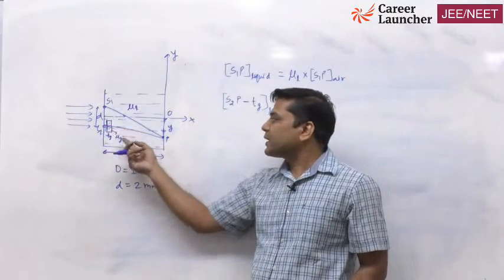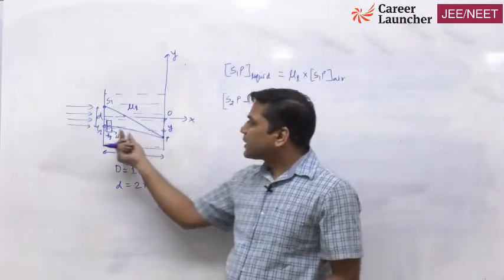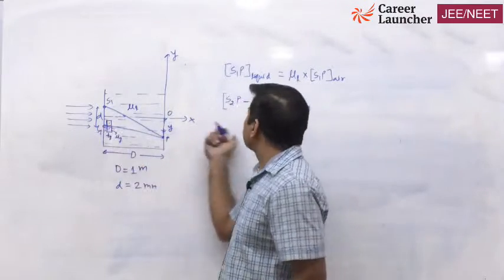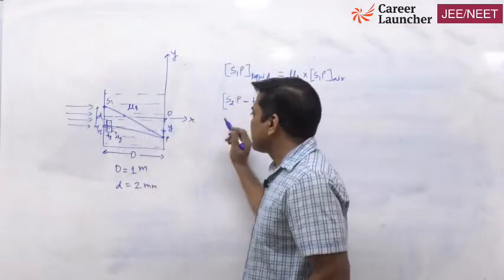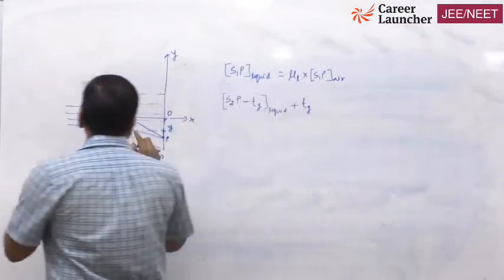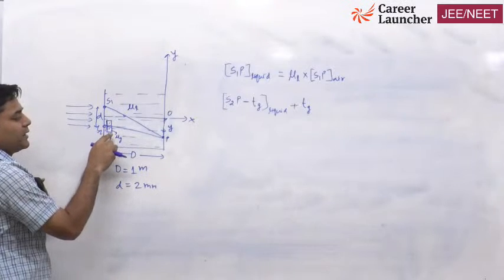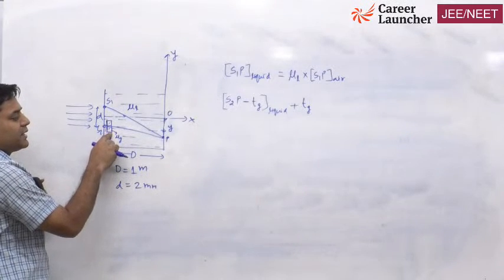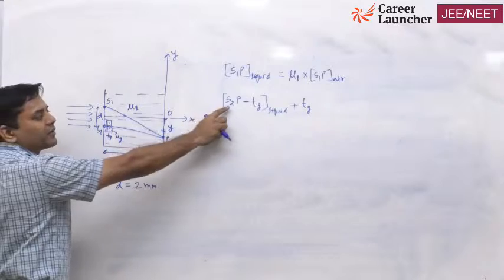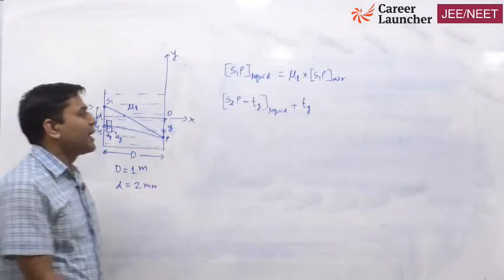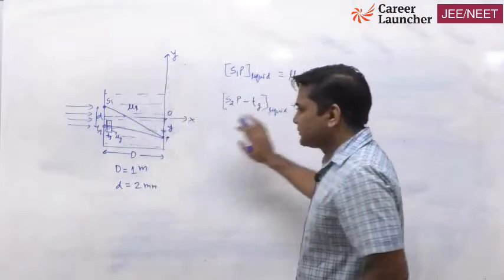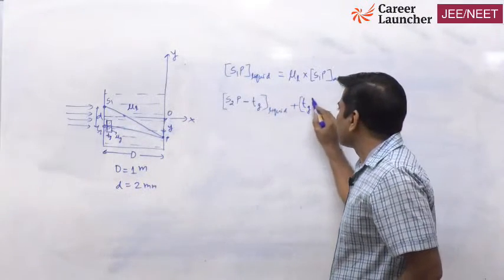This path S2P minus TG is in this fluid. So what part is in fluid? You can say remove this thickness TG and the remaining is in the liquid. So this is the part which is in the liquid, S2P minus TG, and this TG also in liquid. So if you want, you can write this also as liquid.